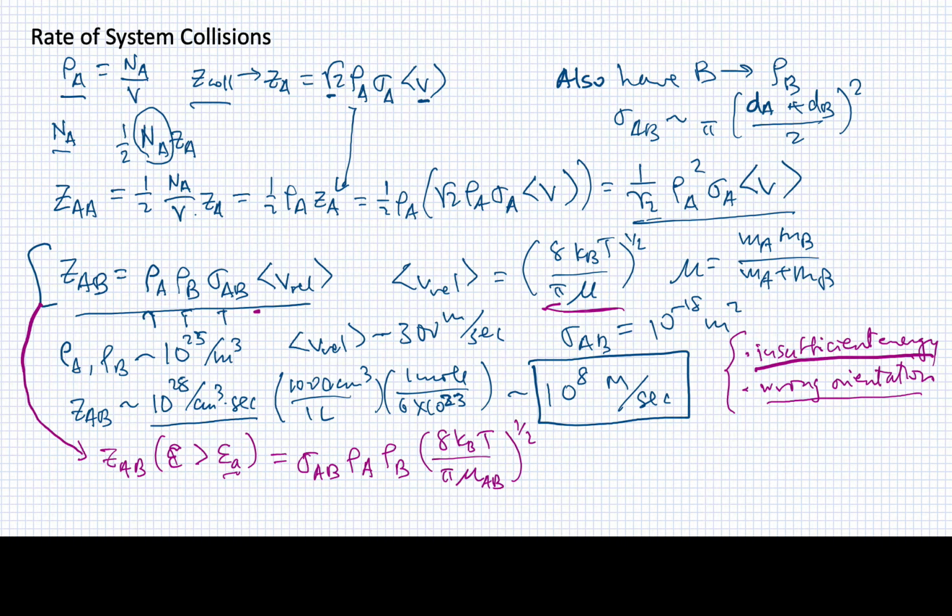And then what corrects for this energy is a factor that looks like this. We'll have 1 over E_A over k_B T, e to the minus E_A over k_B T. So we see that this extra factor is what is needed to convert this into something that might represent a reaction rate.